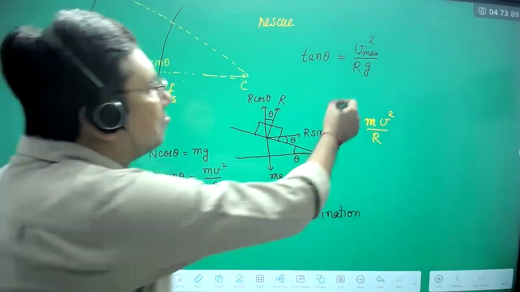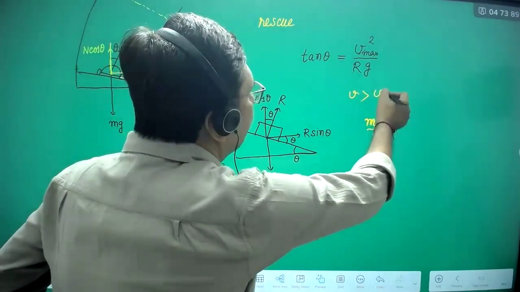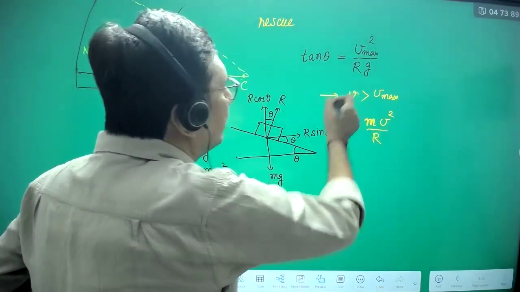If suppose somehow V is greater than V max, then this is a special case.